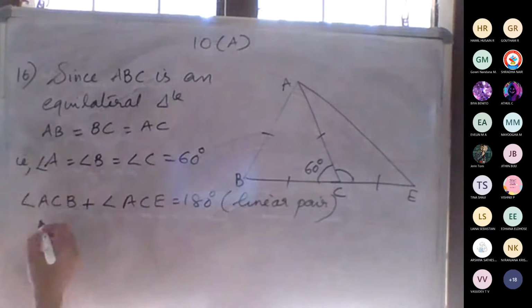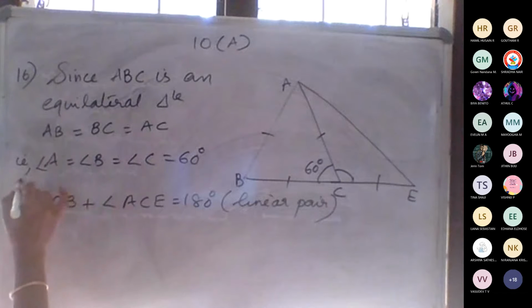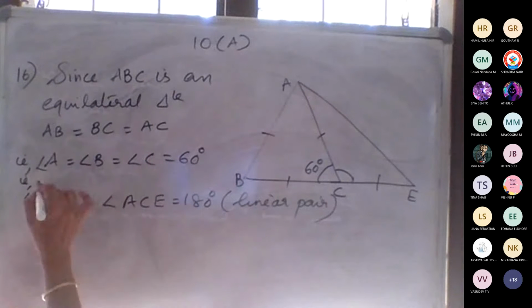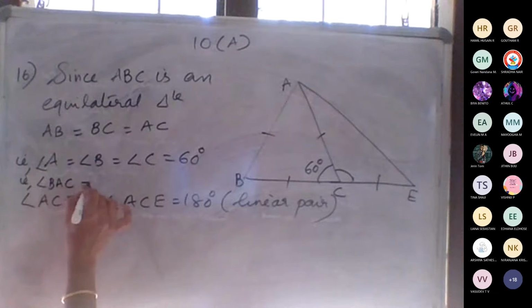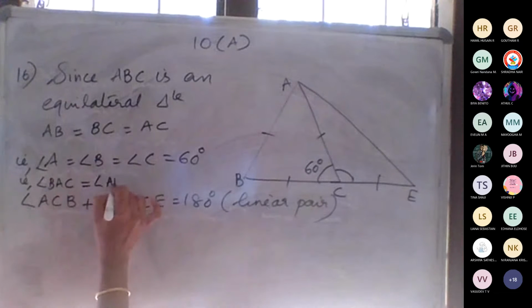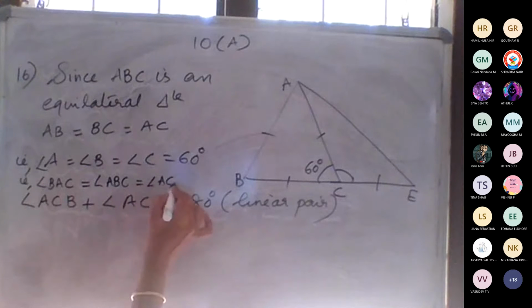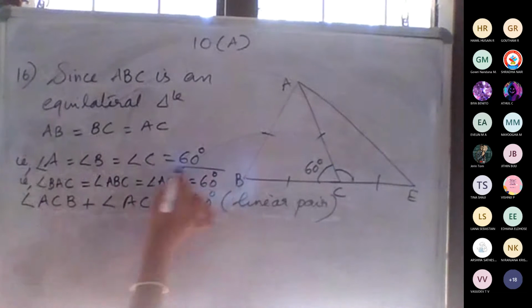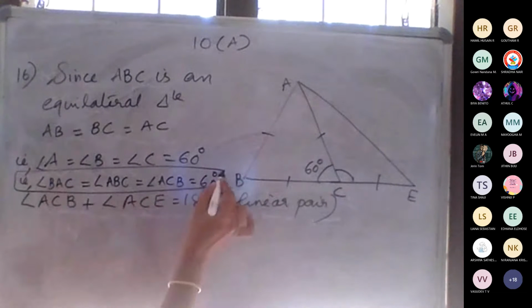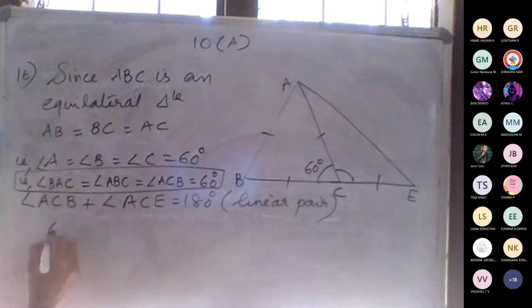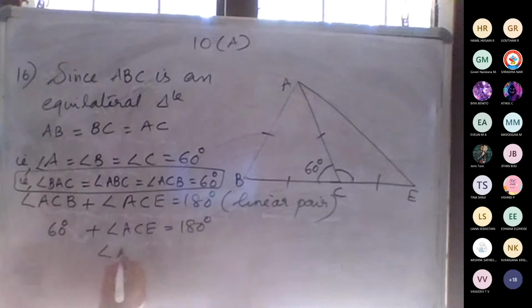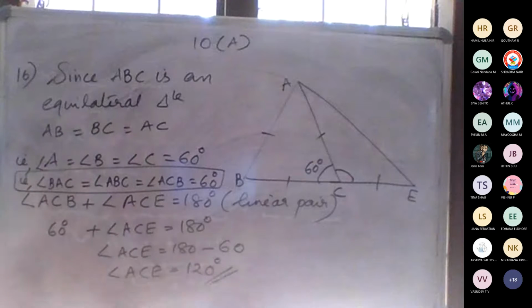Angle BAC is equal to angle ABC, which is equal to angle ACB, which is equal to 60 degrees. So 60 degrees plus angle ACE is equal to 180 degrees. Therefore, angle ACE is equal to 180 minus 60, that is angle ACE is equal to 120 degrees.